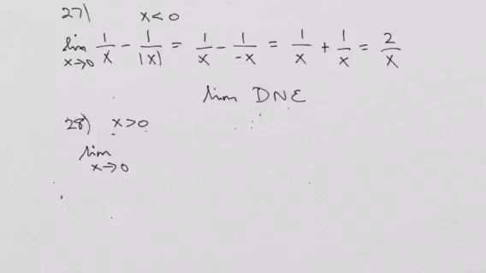Again, this is in the case where x is greater than 0, and we would get 1 over x minus 1 over x, getting rid of the absolute value, but that's just equal to 0. What does that tell us? That tells us that it appears when we approach this function from above 0, it appears as if the function is going to equal 0. So the limit does exist, and it's equal to 0.